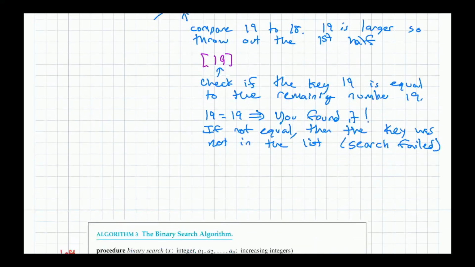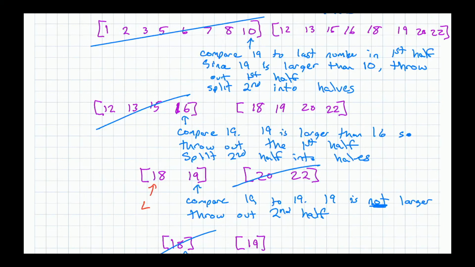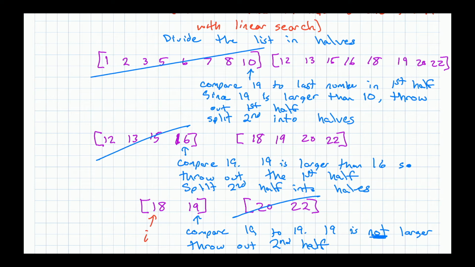Well, is that what they call it? I and J, actually. So that's called I. So I would be that one right there at that point. And the J is the right endpoint. So that's the furthest to the right that we're looking at, which is there at this one spot.